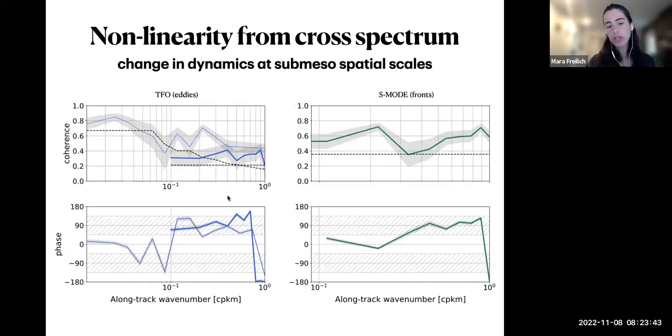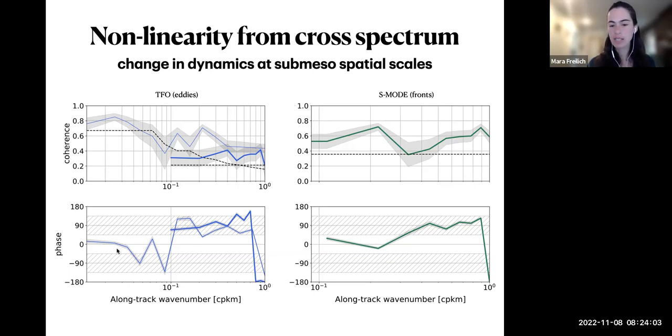And so one way to look at that, we can combine the coherence and then the phase tells us, so we can take the real and imaginary, turn it into an angle, that gives us the phase. And so when the u and v velocities are 90 degrees out of phase, that tells us that we're in this nonlinear regime.